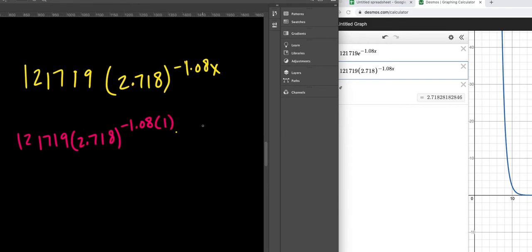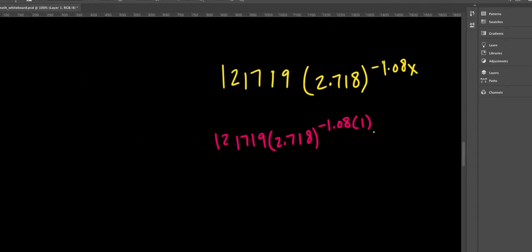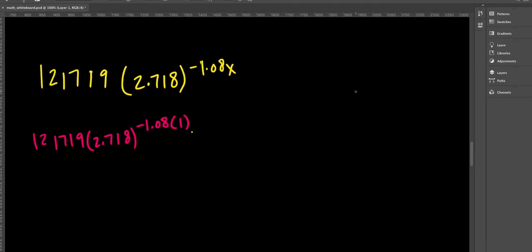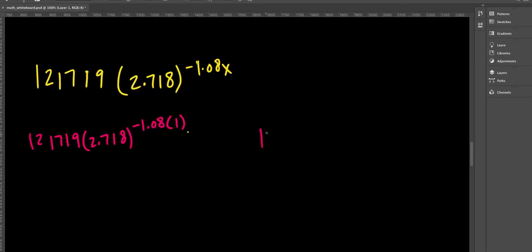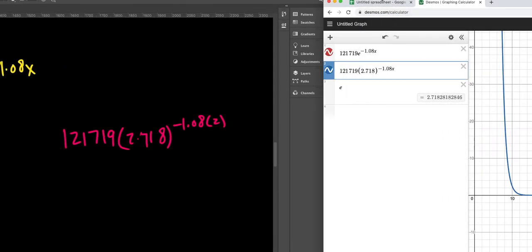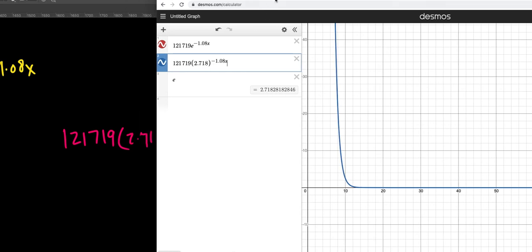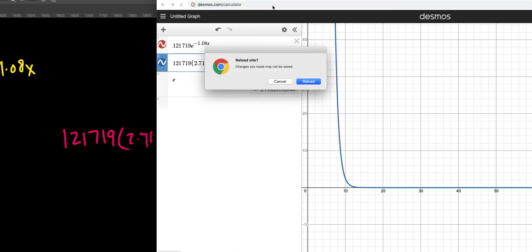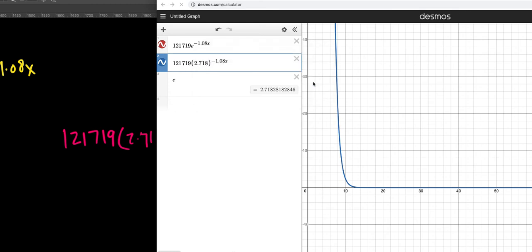And then we're also going to take that and plug in a 2. Okay, at this point we go back to Desmos. We don't need the graph anymore.